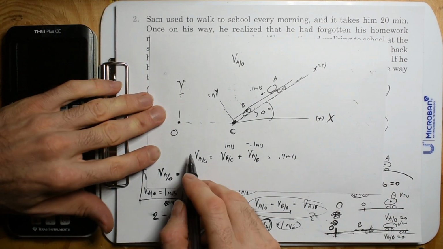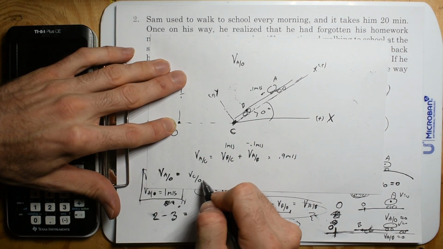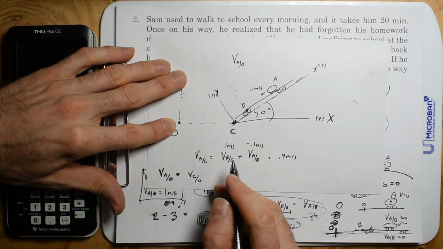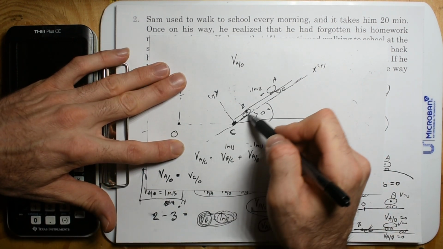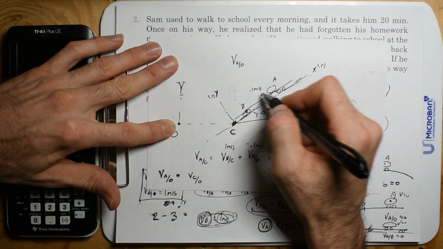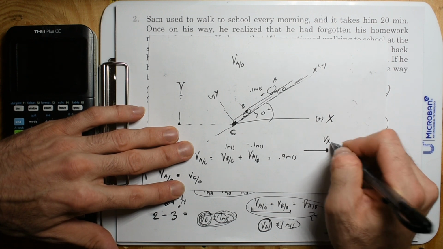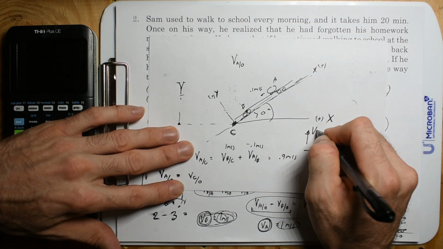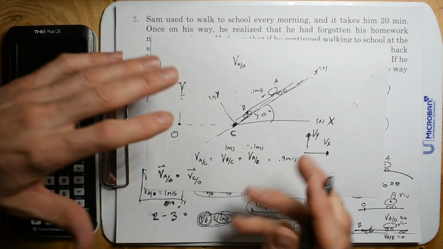All right, so we're going to have the velocity of C with respect to O. Oh, I see. We were just doing velocity in one direction. So the second that we have two directions, now something's traveling this way with the velocity in the X, and maybe it has a velocity component in the Y. These have to be vectors.